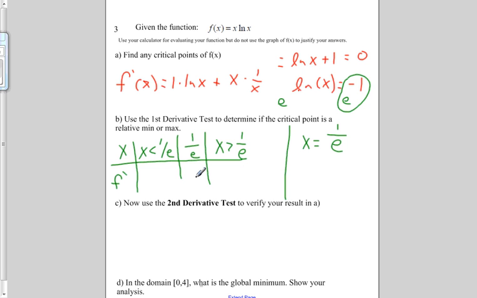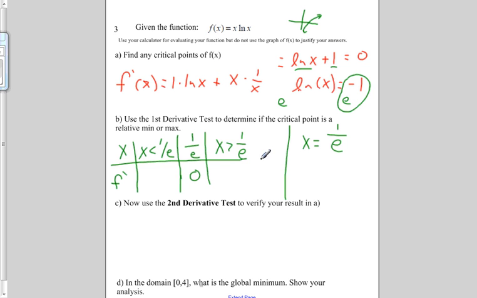At 1 over e, the derivative is 0. When x is greater than 1 over e, it might help us to think about what this function looks like. It looks something like this. It's just ln x lifted by 1.